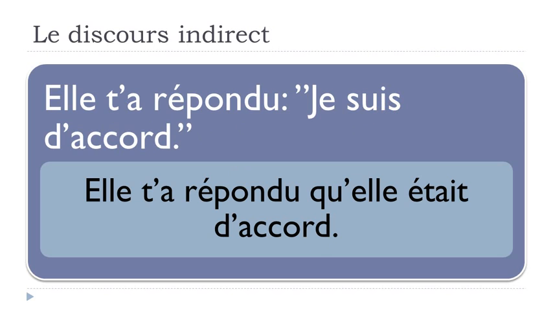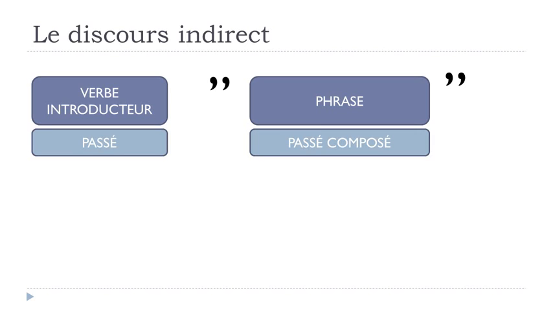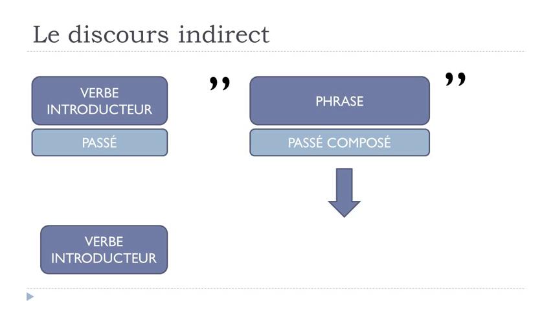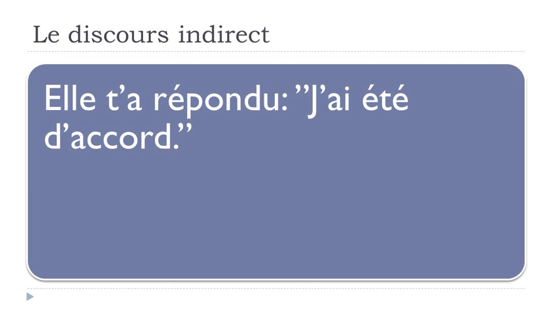Okay, so let's see now how we do it if we've got, still the same thing, the passé in the first part, and in the second part le passé composé. Well, of course, the first part will stay the same as we saw, but then this passé composé form will become plus que parfait. Let's have a look.